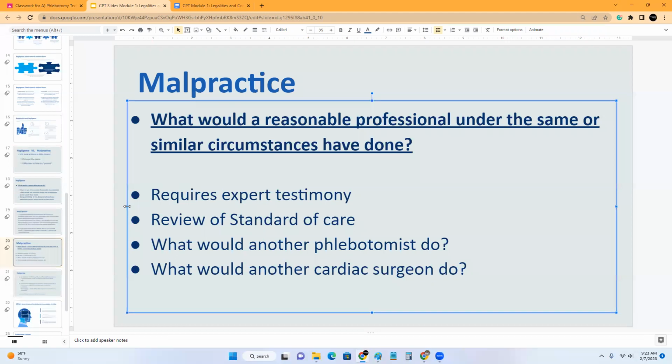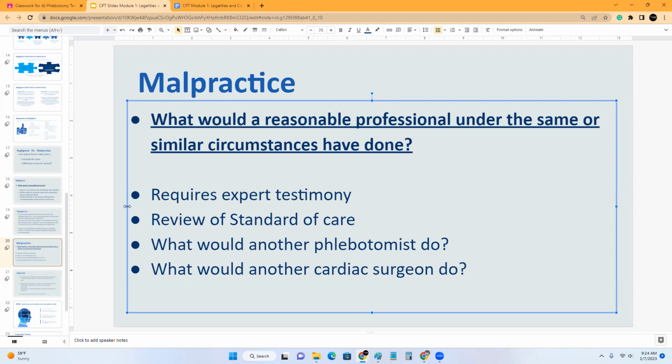So let me go a little more into that one. Take a cardiac surgeon. One cardiac surgeon said, yeah, we're going to do XYZ procedure on this person. They do it, and it causes that person to have major complications or issues. The second cardiac surgeon, who is now giving expert testimony, says, no, that was not the right steps.